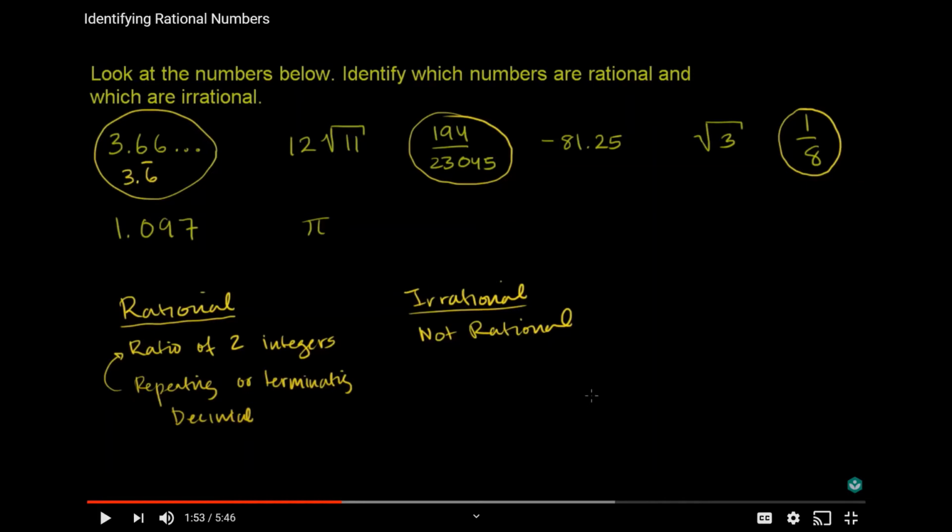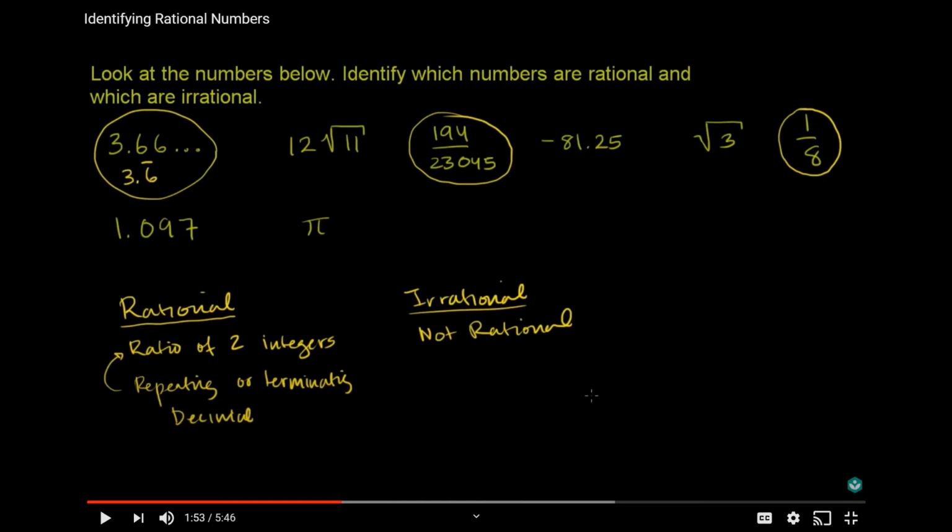Irrational numbers cannot. So make note of that. Irrational numbers cannot be represented by a repeating or terminating decimal. Rational numbers can.